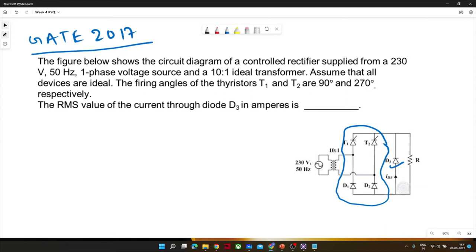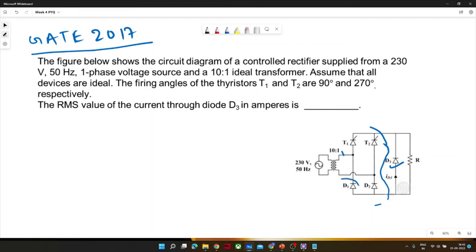Any specific name? Here, it can't be fully controlled, so semi-controlled. Sai commented semi-controlled. Correct, semi-controlled, and it is also known as an asymmetric converter. Why asymmetric?